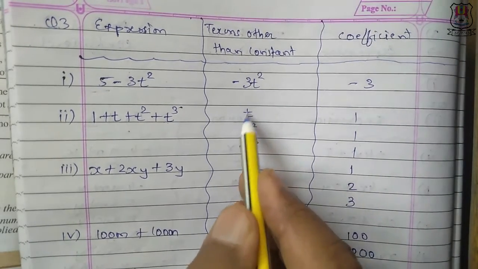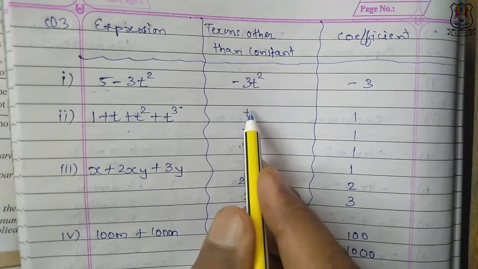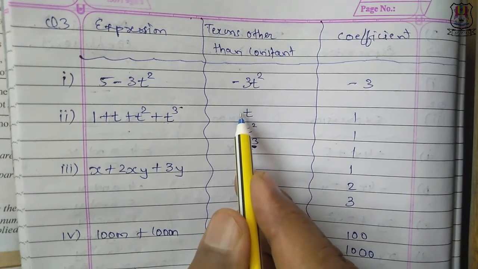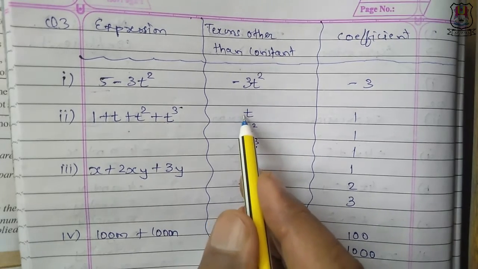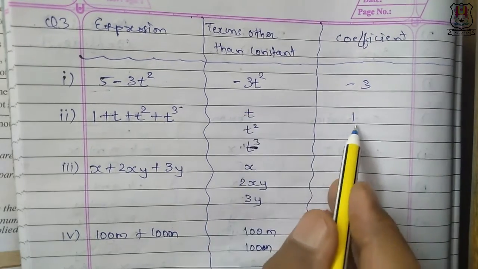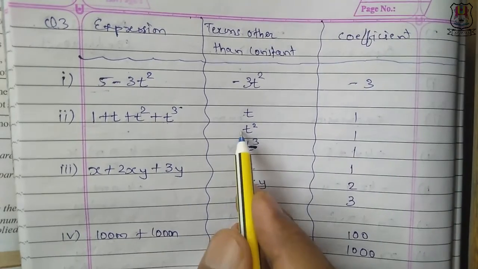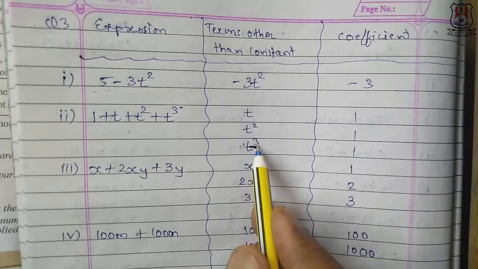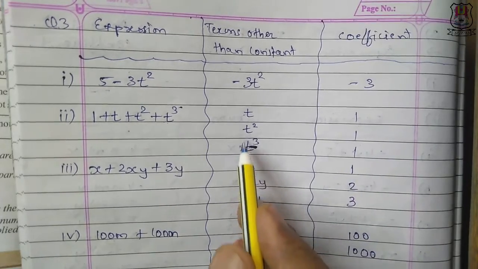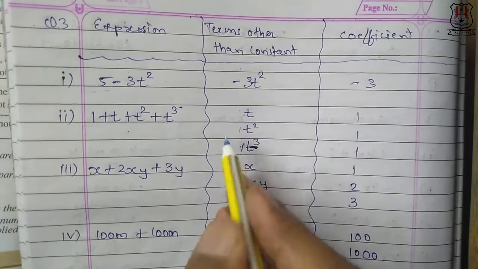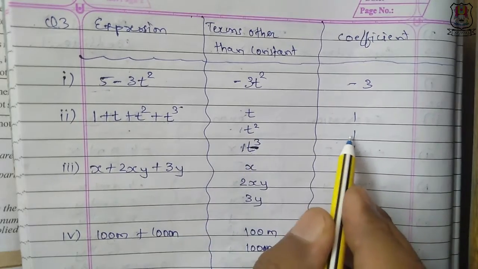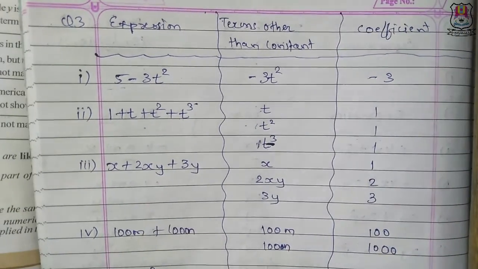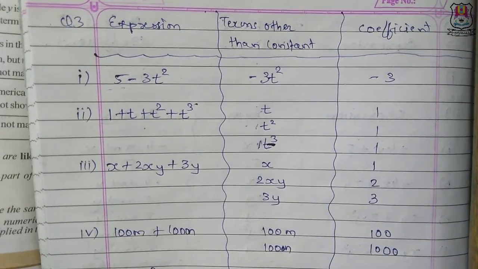And when there is nothing written before the term and only the variable is given to us with no sign, it is plus 1 over here. So the coefficient of this t is 1. t square is also 1 because there is nothing over here, so it is 1, and t cube also has the coefficient 1. We have to consider, suppose if this is minus, then this is going to be minus 1. We will see that in the upcoming expressions.